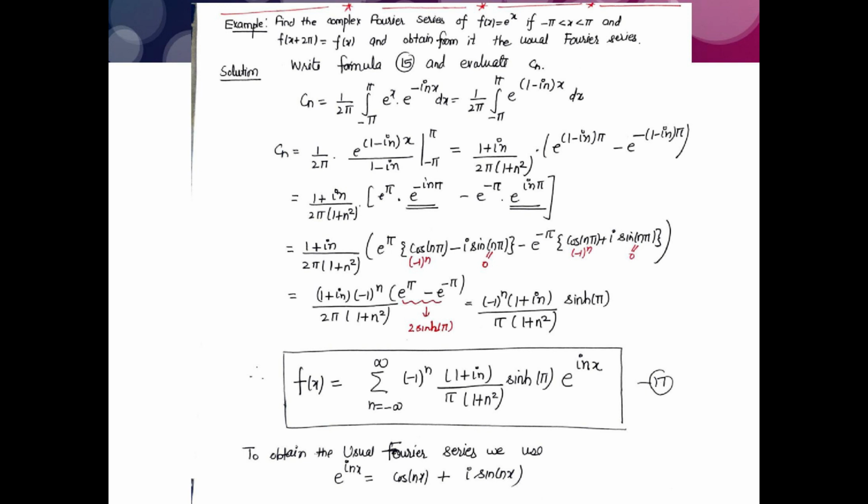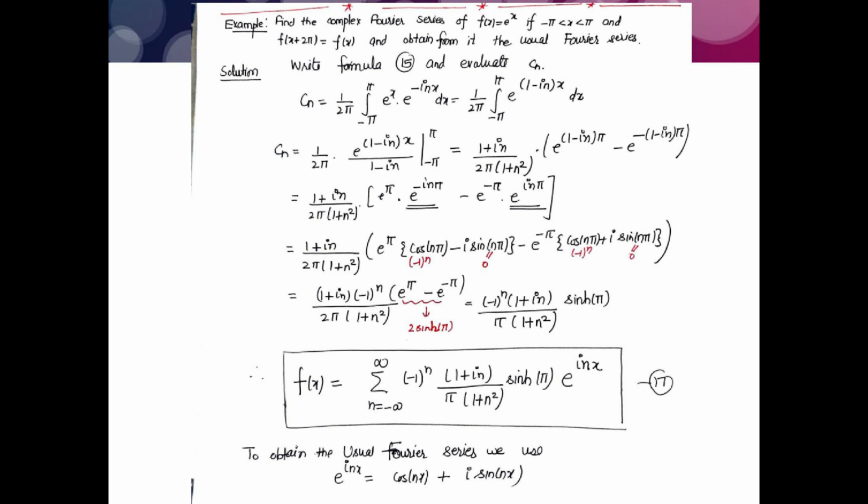Integrate it. We can simplify this expression. See the underlying expression for exponential functions: e raised to power minus iota n pi and e raised to power iota n pi. We can simplify this one. It is cos of n pi minus iota sine of n pi.